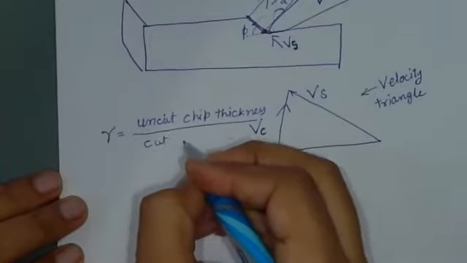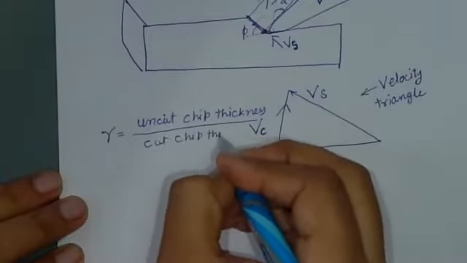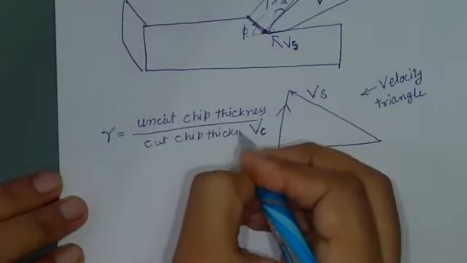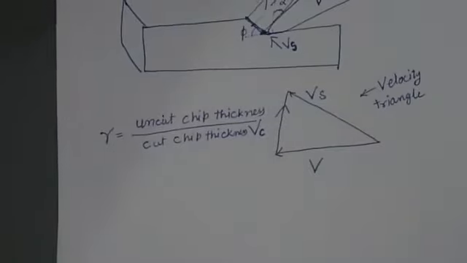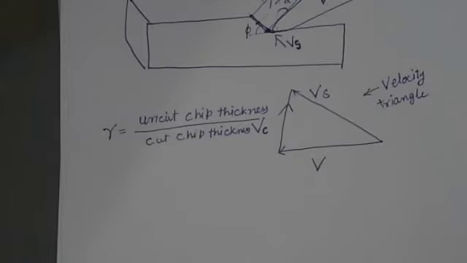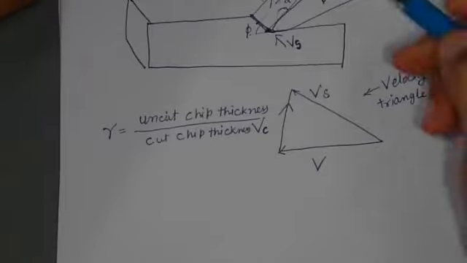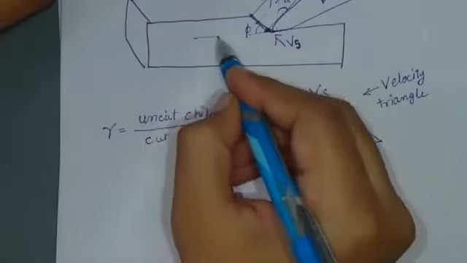That's because the deformation takes place in the chip before failure, and this deformation causes immense strain in the chip. Sometimes the strain remains more than 5 times. If the material is ductile, such as mild steel or stainless steel, the thickness of the chip actually increases by 5 times over the uncut chip thickness.